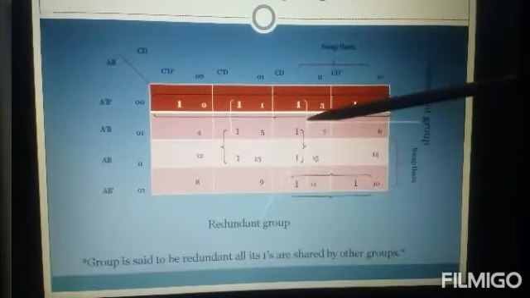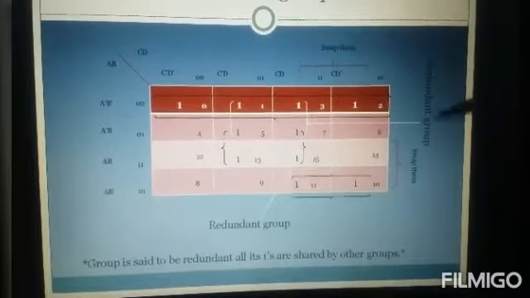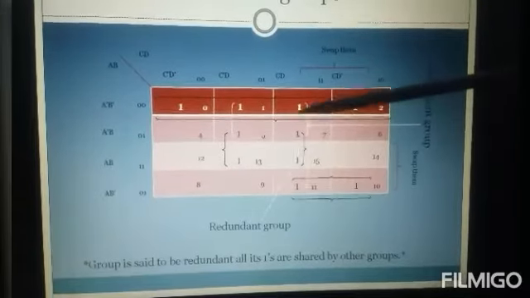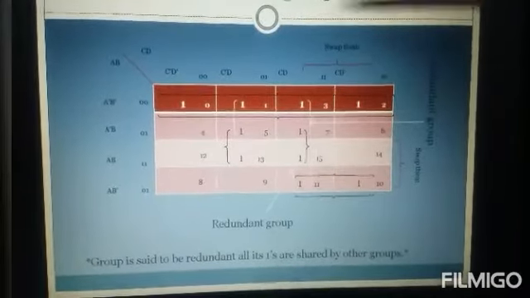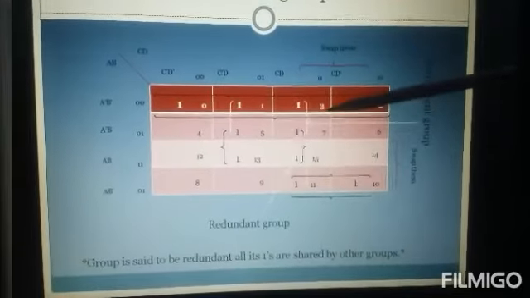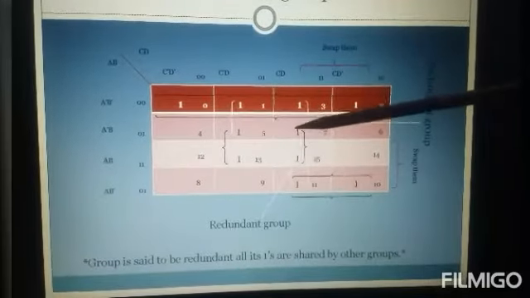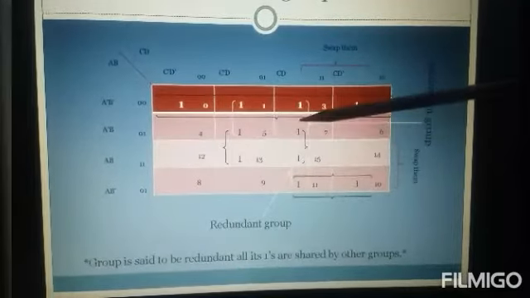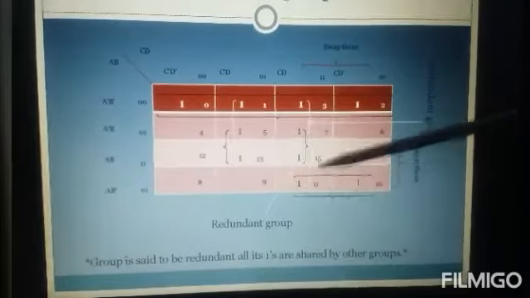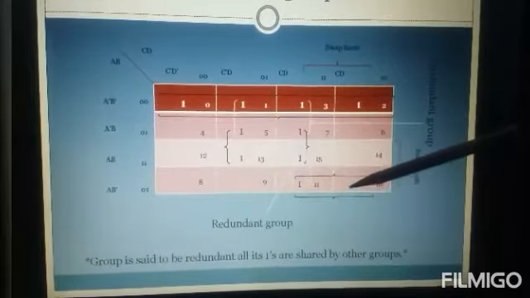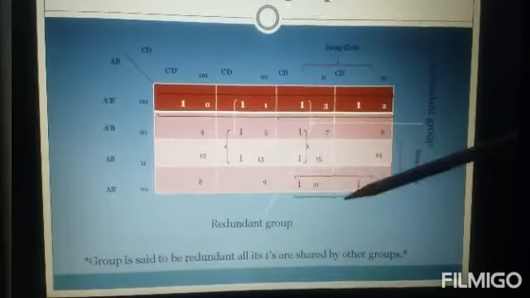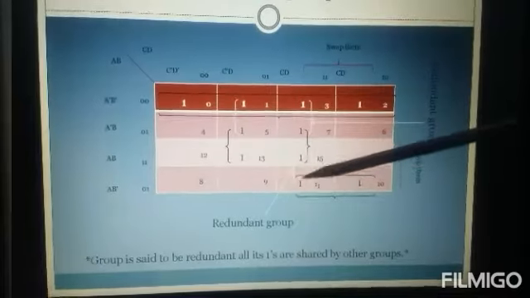Here we have one group that is redundant group. All ones were shared by another group. First two shared by this one, another two shared by this one. This means redundant group. See, this one, we have one group, and then we have another group.